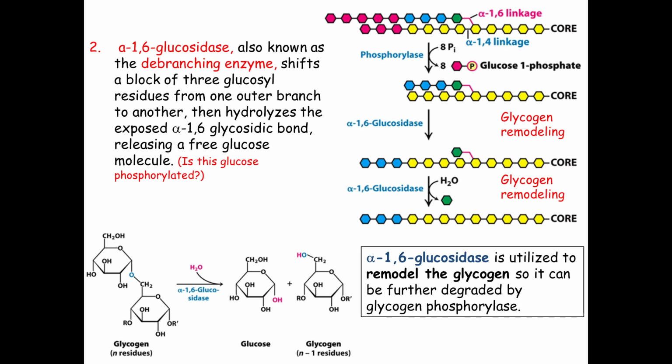If you were to look at older texts or older lectures, say older than 2016, they're going to show this as 2 separate enzymes because we didn't know they were the same enzyme at the time. They're going to call this first step, where we move the 3 blue ones, by one enzyme name, and then we're going to call the second step the debranching enzyme.